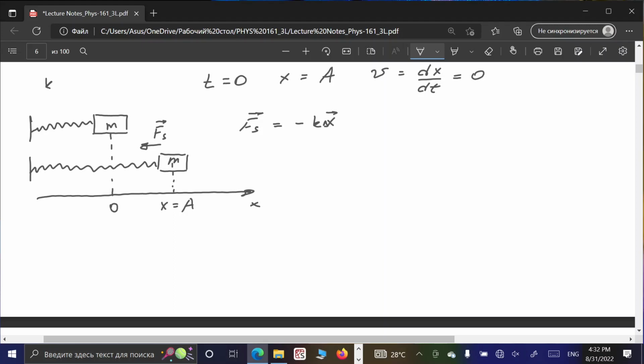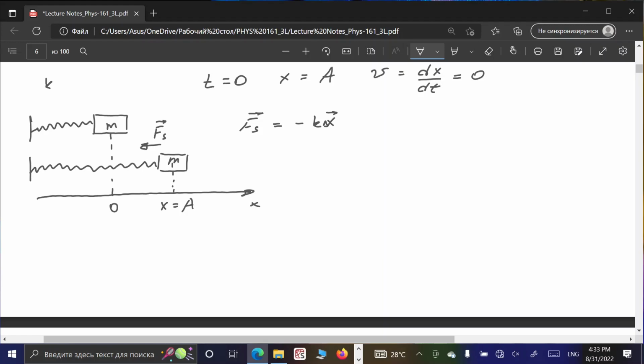So now let us involve here the acceleration vector. Obviously, according to the second law of motion, we have some force, which in this case is the spring force, exerted on the block. We don't have any friction. So if there is a block with mass m and there is some force exerted on this block, it will start to move with acceleration.